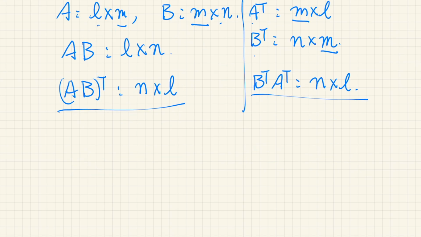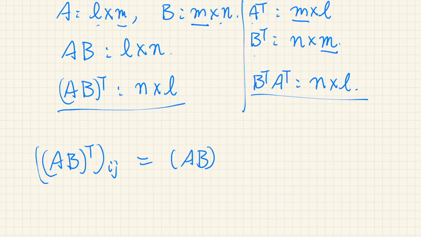Next, let's show the equality between the corresponding elements. So (AB) transpose, its ij element is equal to the (AB) ji element.